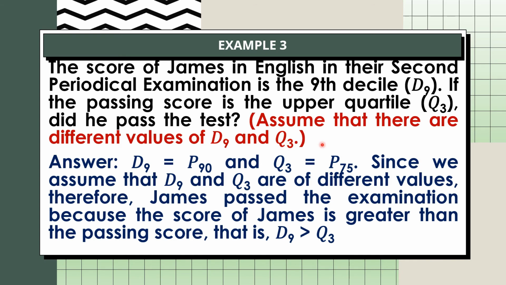So, para makapag-decide, i-check natin kung which one is greater dito sa decile 9 tsaka quartile 3. Since yung decile 9 natin is equal to percentile 90 and yung quartile 3 natin is equal to percentile 75, nag-convert lang tayo. So, it means magkaiba yung value, or inassume natin na magkaiba yung value.